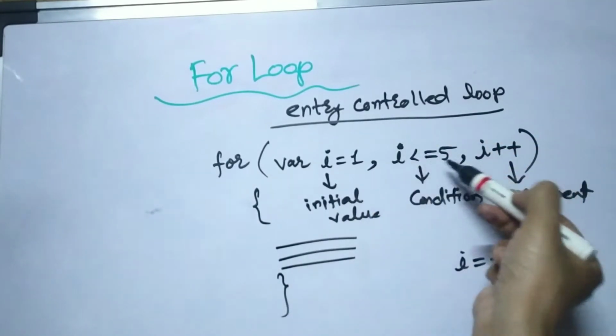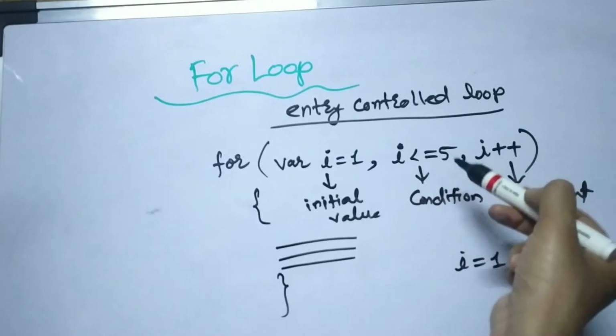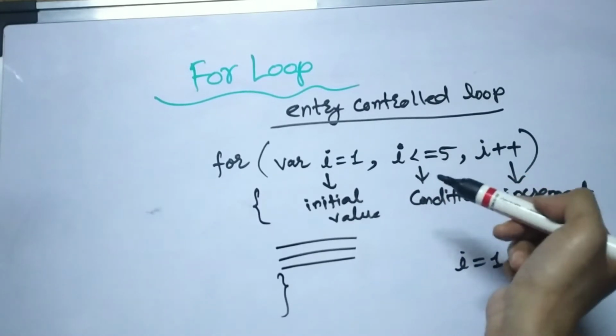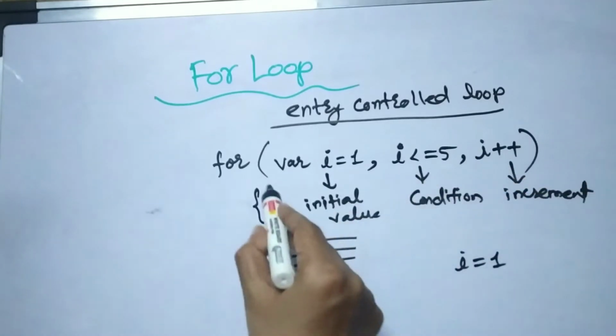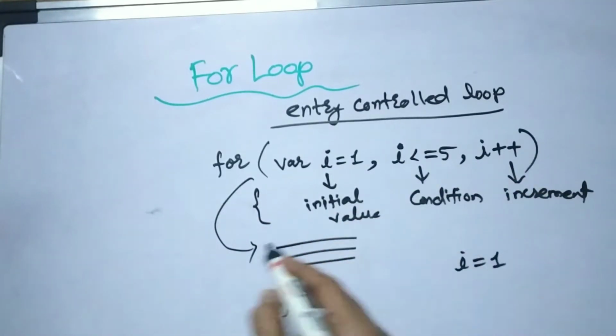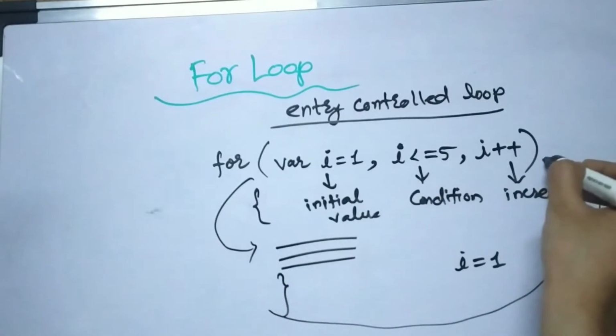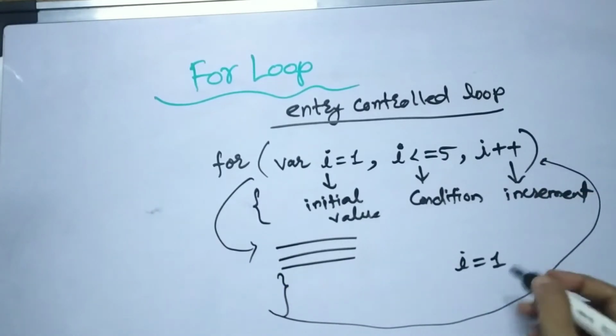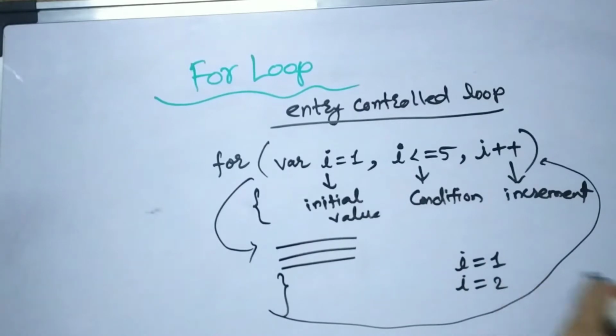Here I is 1. So 1 is less than or equal to 5. Yes, so the condition is true. So it will come inside the loop and execute whatever is written. Then it will go and the increment will happen. Increment means the value will now become 2. I plus plus means increase the value of I by 1.